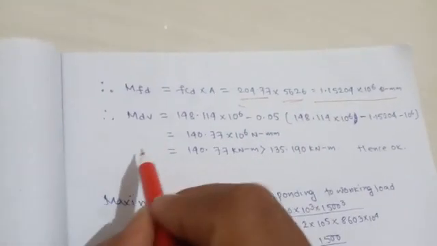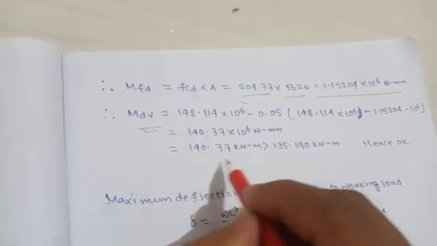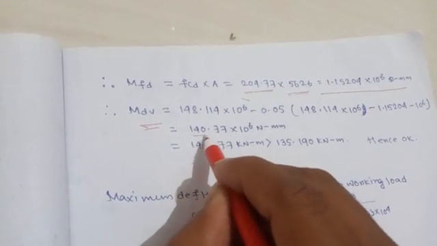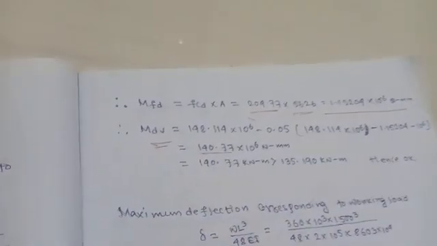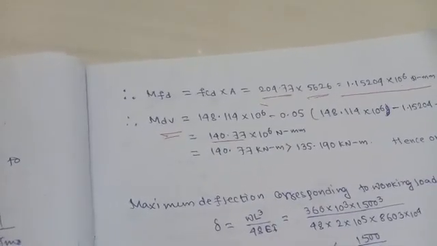So Mdv ultimately is 14077 into 10 to the 6 Newton mm.